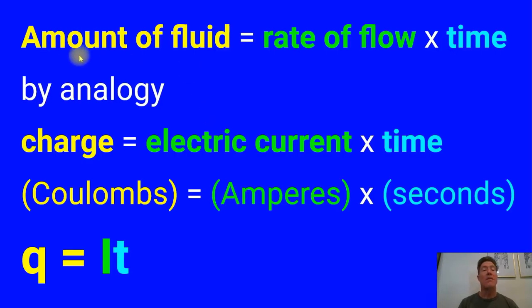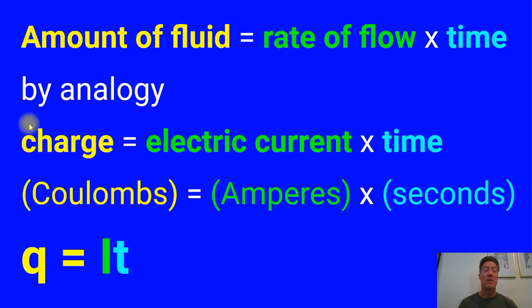Just like if you wanted to find the amount of fluid coming out of your faucet, you would take the rate of flow. You'd say, my faucet is putting out 5 gallons a minute, so if I let it run for a minute, I'm going to have 5 gallons of fluid. By analogy, we can calculate charge the same way. If I have a certain amount of coulombs per second passing through this point, and I let that happen for 10 seconds, then I'm going to have that many coulombs of charge at the end.